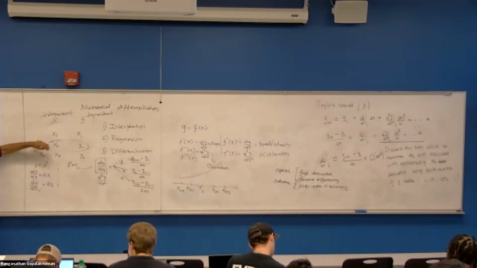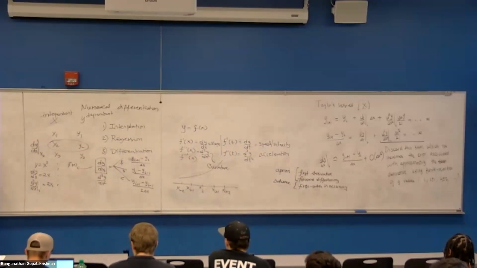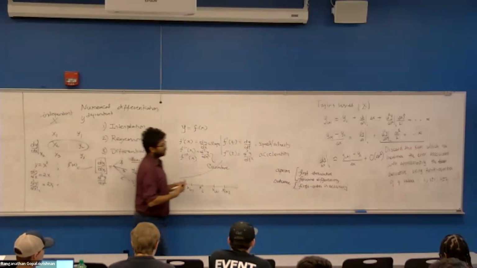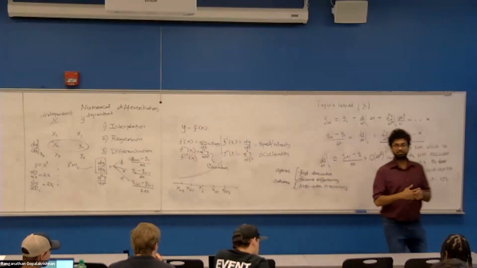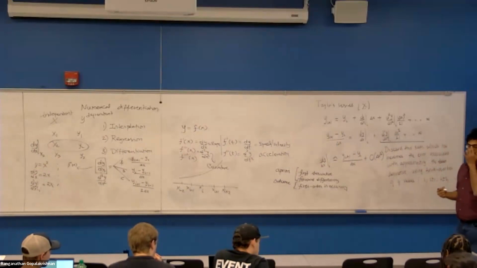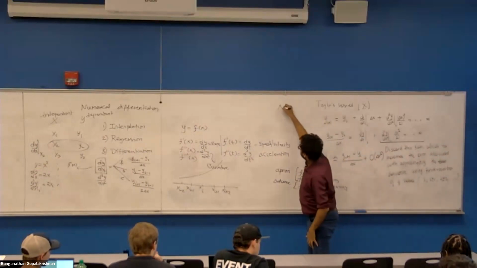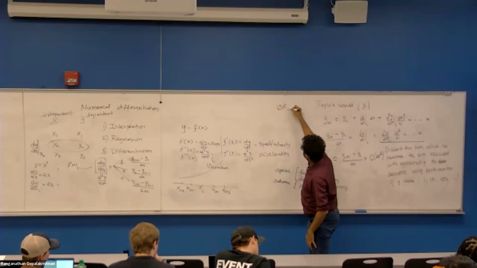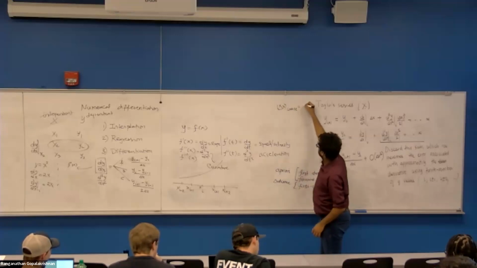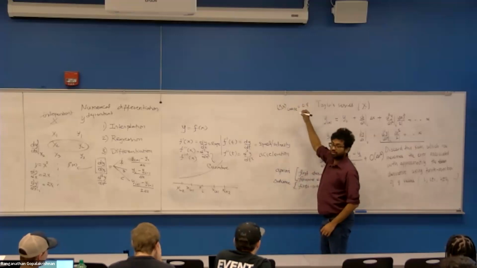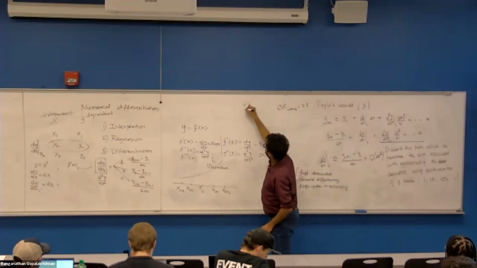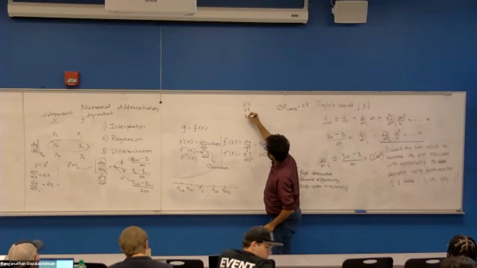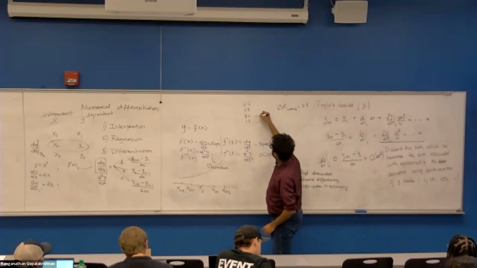If x1, x2, x3, if the data is finely spaced, would your accuracy be better, or would it be better if it is coarsely spaced? It's finely spaced, because if it's coarsely spaced, it won't be as nice, I guess. So you can just say delta x, for example, whatever we consider as coarsely spaced is in steps of 0.5. So you have, for example, 0, 0.5, 1.0, 1.5, and so on.